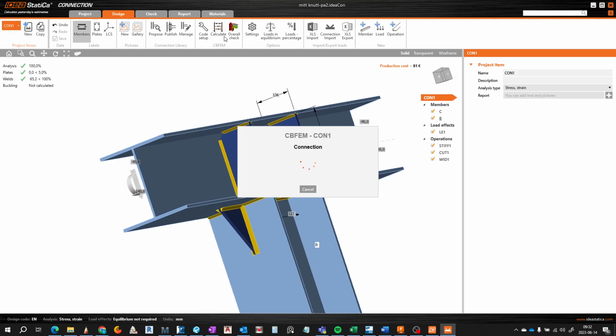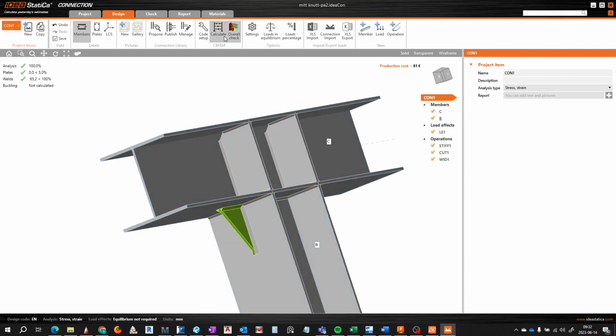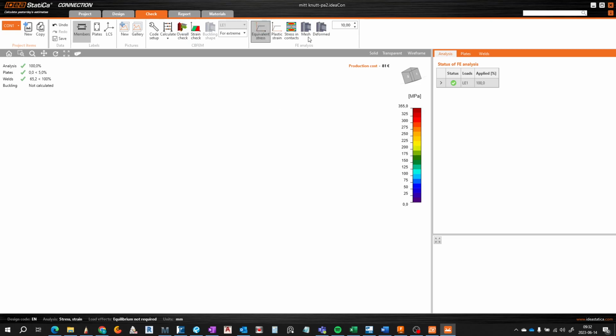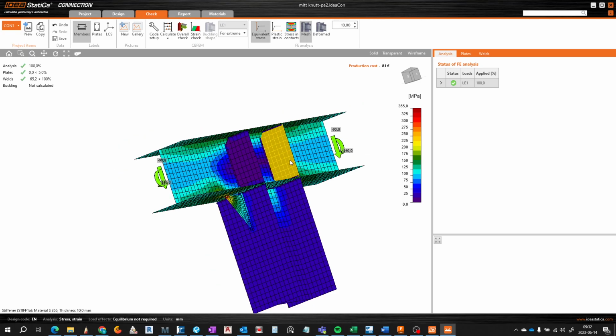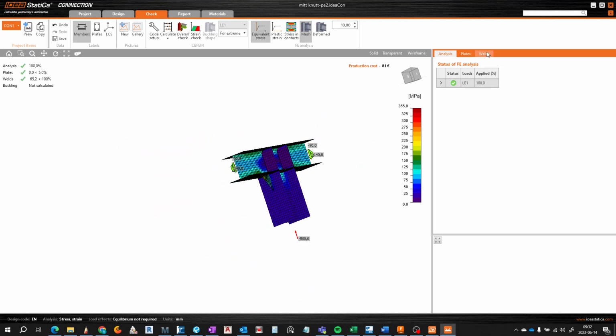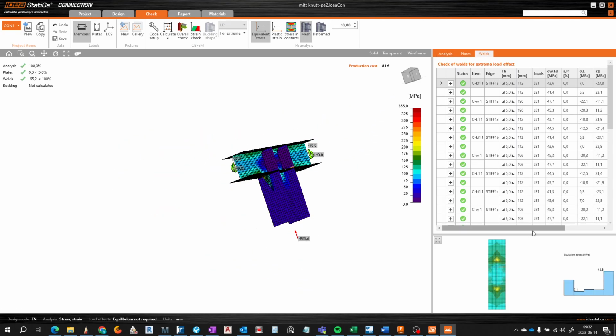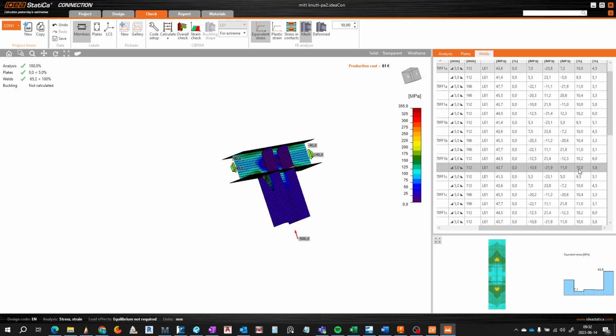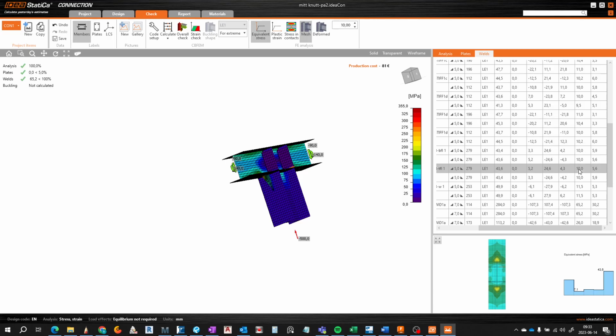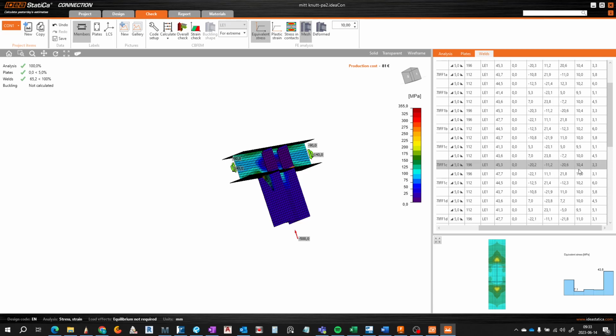So we can look at the von Mises stress diagram. And you see that on the welds how much utilization we have. We have a good margin here, very good.